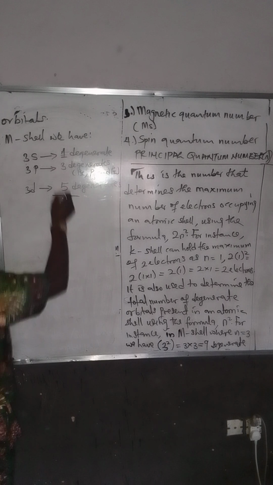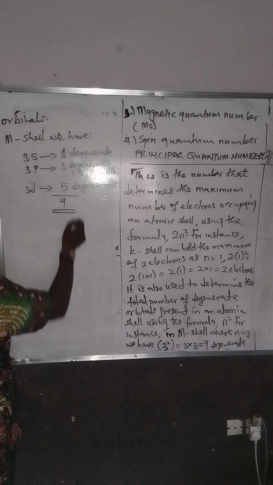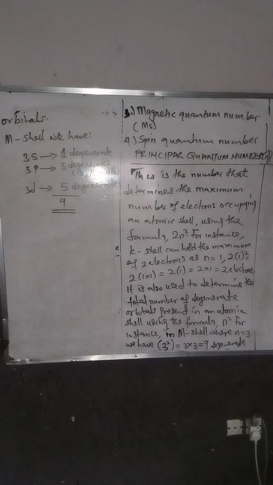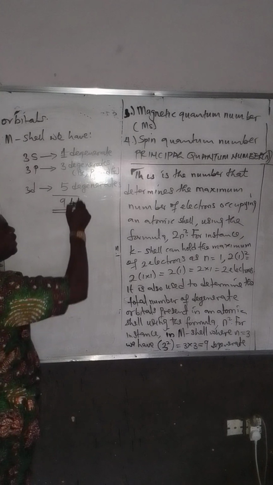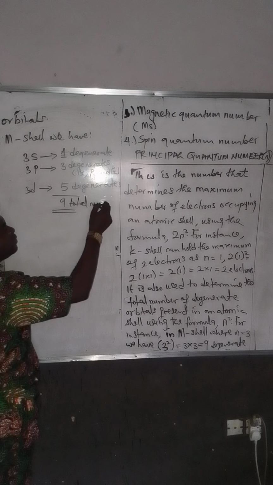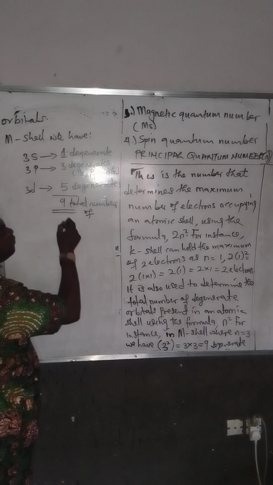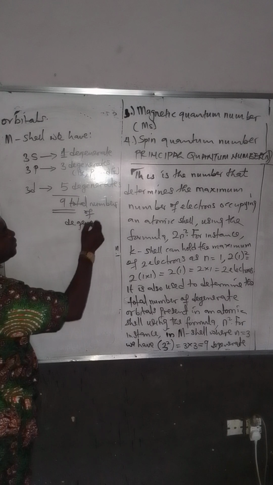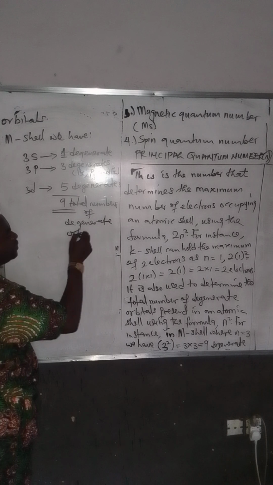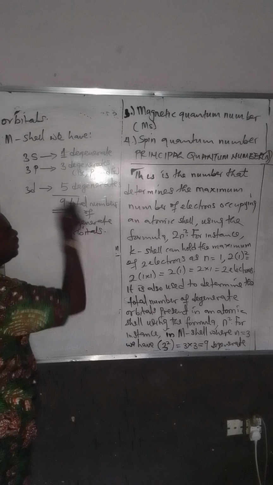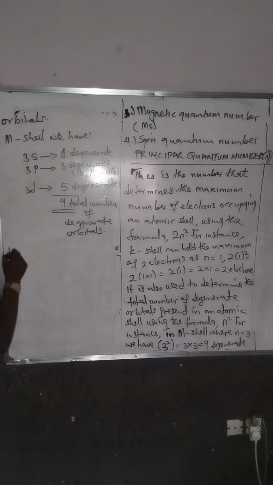So add up these 3 numbers, you have 9. 9 total number of degenerate orbitals in the M shell.